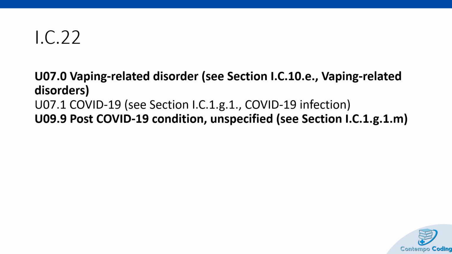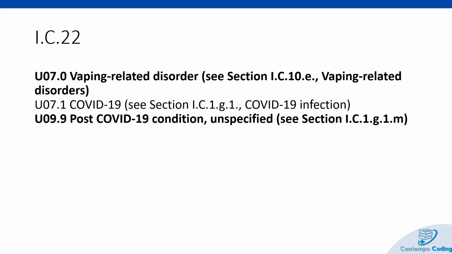Associated respiratory signs and symptoms due to vaping, such as cough, shortness of breath, etc., are not coded separately when a definitive diagnosis has been established. However, it would be appropriate to code things that are totally different, such as GI symptoms if they're having diarrhea, abdominal pain, which is not related to that vaping disorder. You'll also see here that new code, the U09.9, which is our post-COVID-19 condition unspecified.